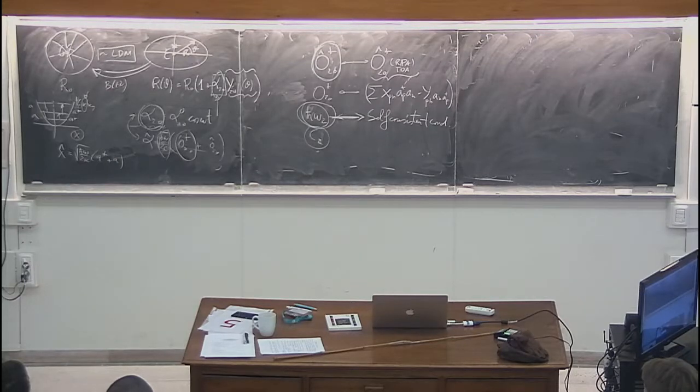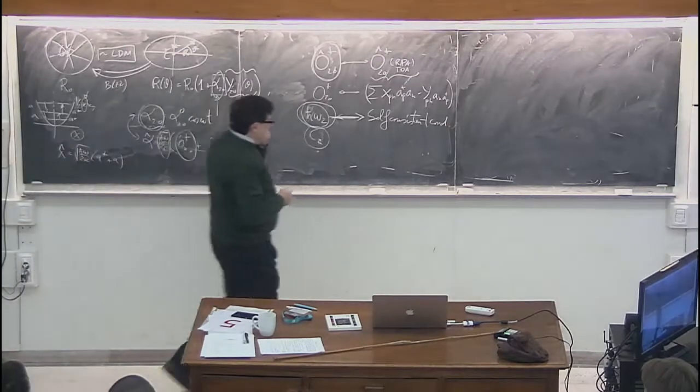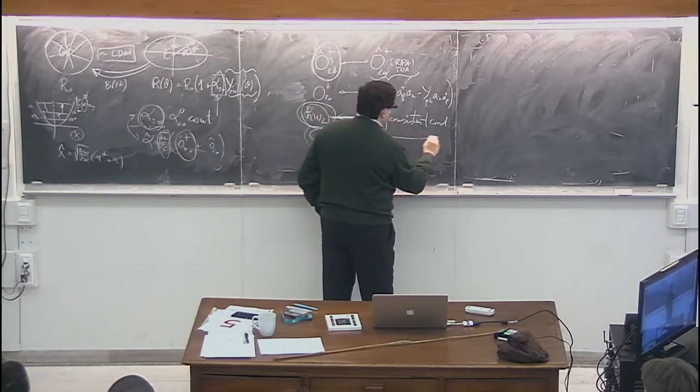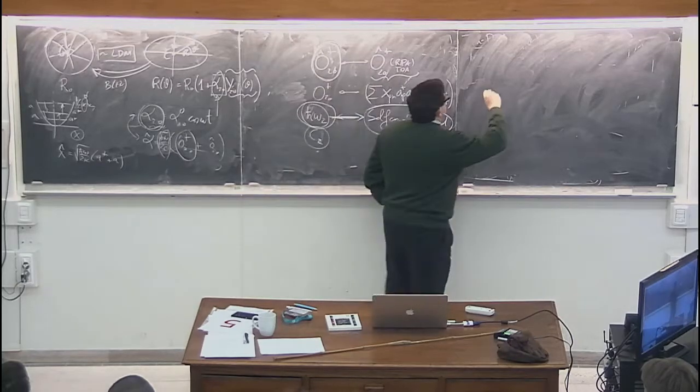Okay, let me be more explicit here. If you have an oscillating, let's say a classical oscillating system, you will have a classical oscillating surface, just because your parameters are oscillating harmonically.